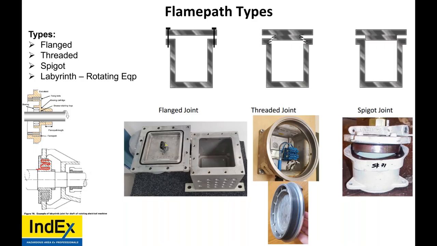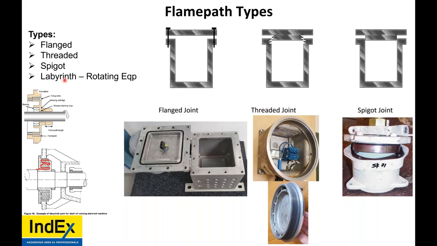Now, when we talk about flame path types, we have 3 traditional ones that we know about, and a 4th one that's more for rotating equipment. So we have flange type on the left here. In the center, we have threaded type. And then on the right, we have spigot.